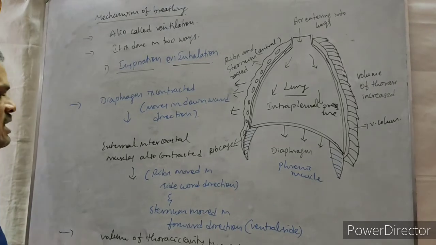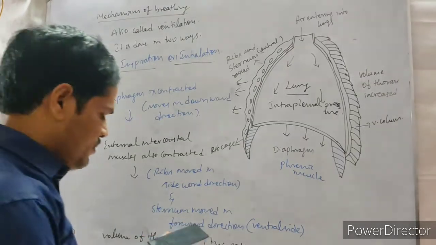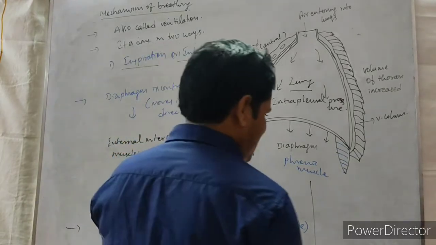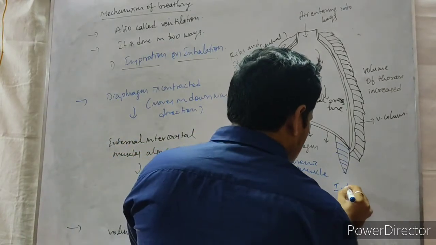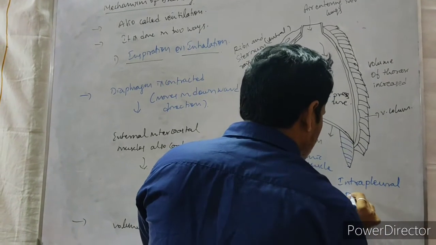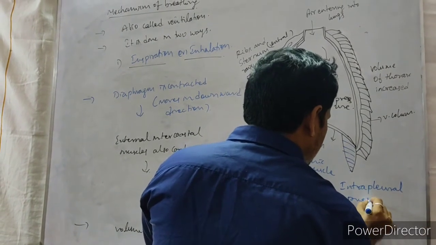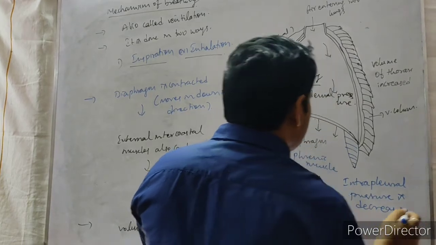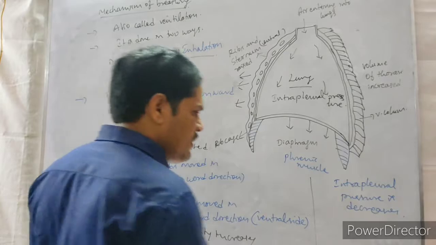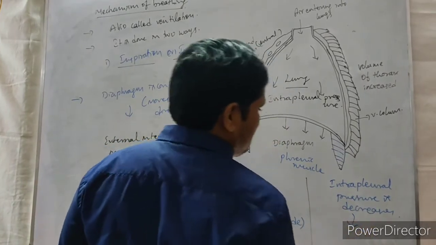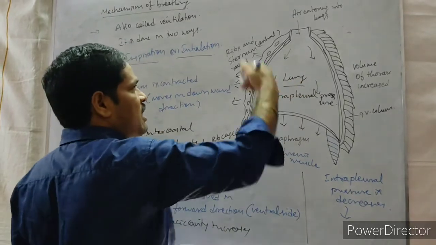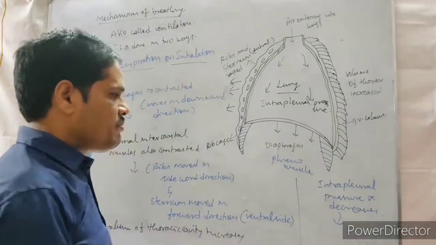So the volume of the thoracic cavity increases, then the intrapleural pressure decreases. The meaning of intrapleural pressure is the pressure present inside the lungs. How much does it decrease? When compared to the atmospheric pressure.